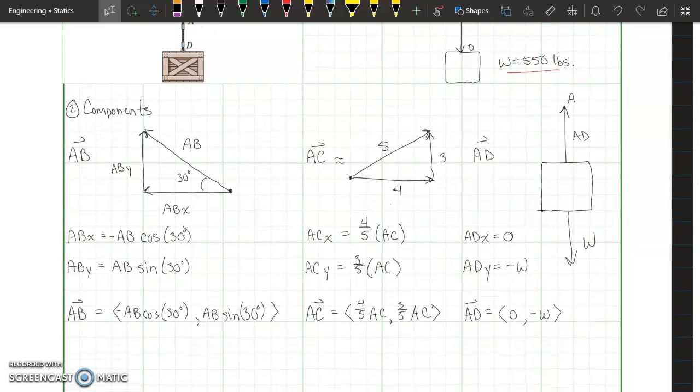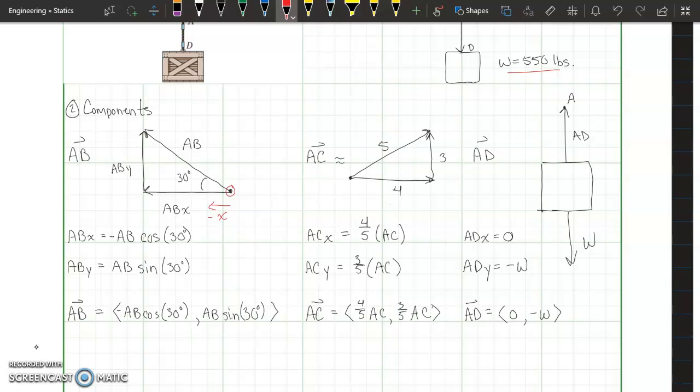The first one I wanted to do was my AB vector. To get this, I needed the ABX component and the ABY component. Since it gave me 30 degrees, I simply multiplied the AB force times cosine of 30 to find ABX. And since this is our origin and we're moving to the left in the x direction, it will be a negative x.